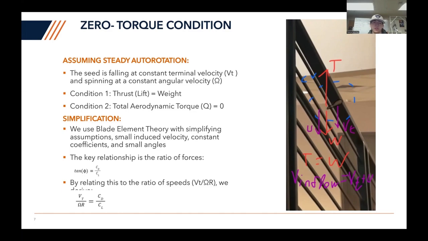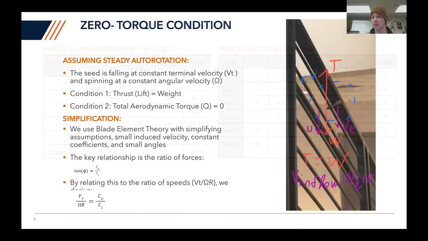Then we use blade element theory with simplifying assumptions, which are small induced velocity, constant coefficients, and small angles. The key relationship we get from the ratio of these forces is that the tangent of phi is equal to the coefficient of drag over the coefficient of lift. By relating this to the ratio of speeds, we derive Vt over omega r is equal to Cd over Cl.